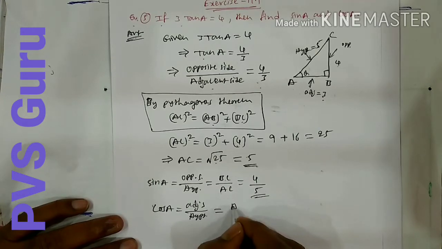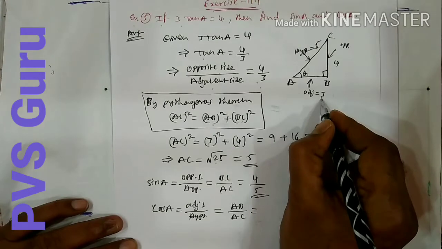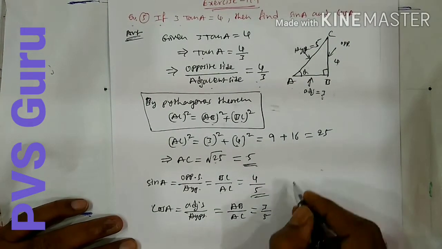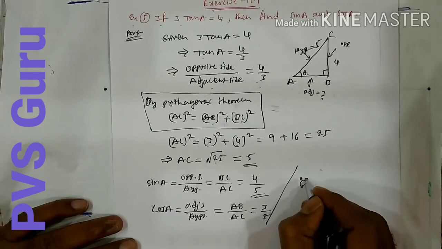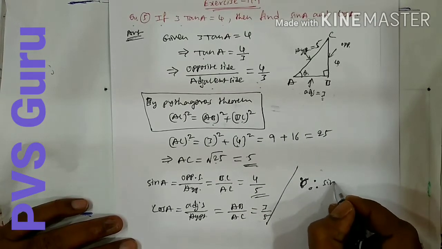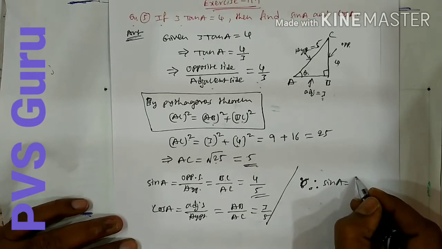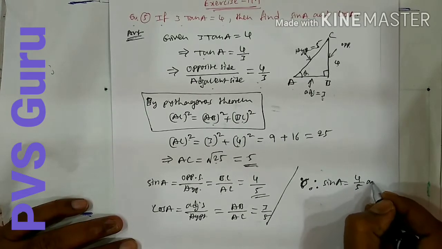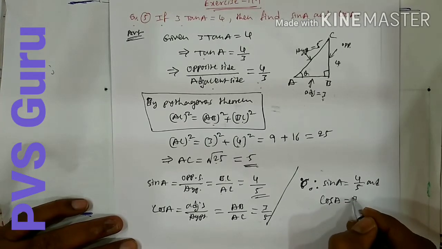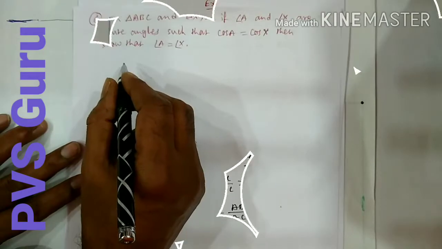Adjacent side is AB, which is 3, hypotenuse AC is 5. So 3 by 5. Therefore sin A is equal to 4 by 5 and cos A is equal to 3 by 5.